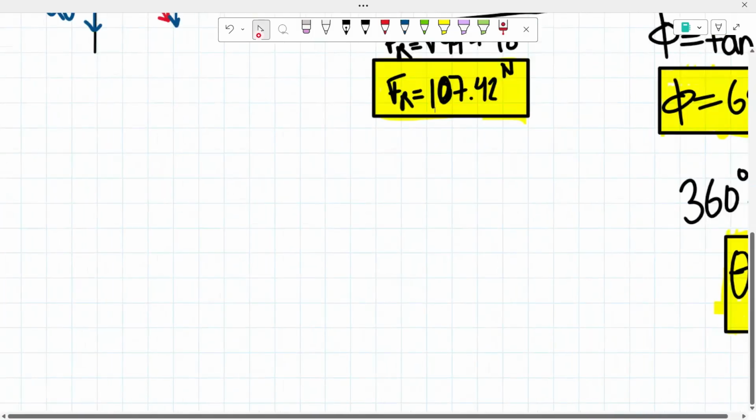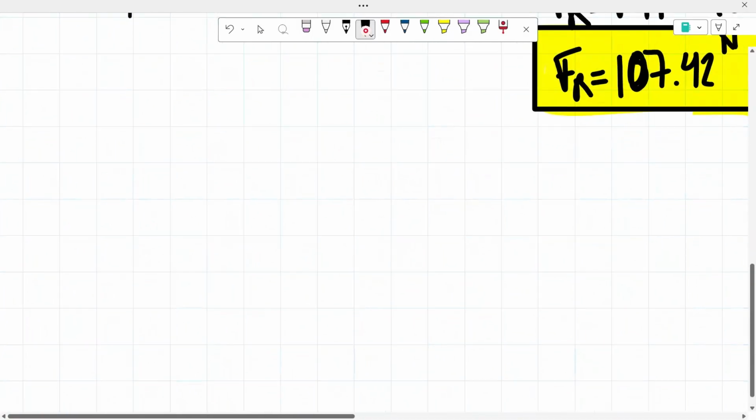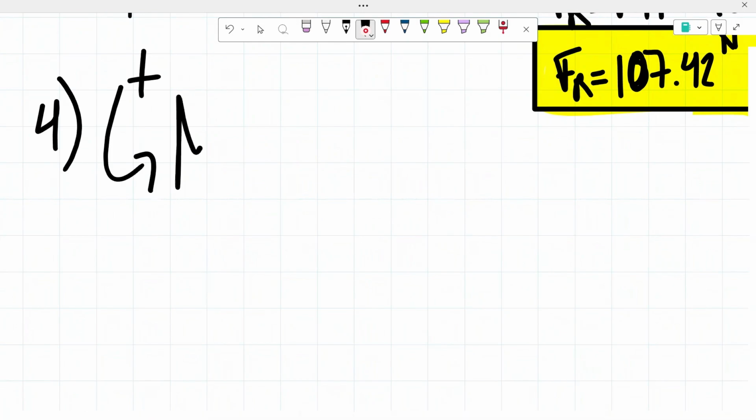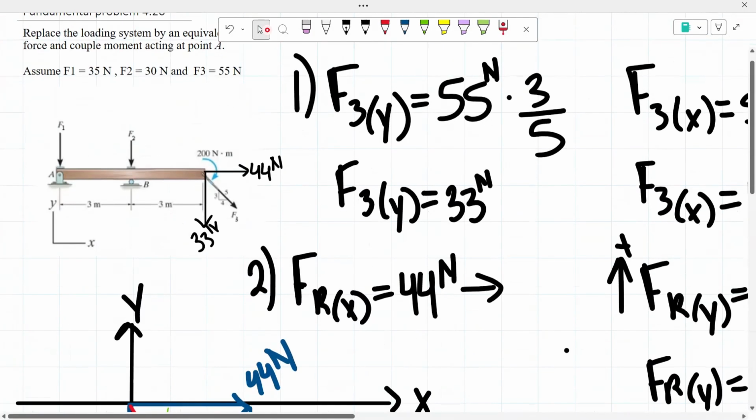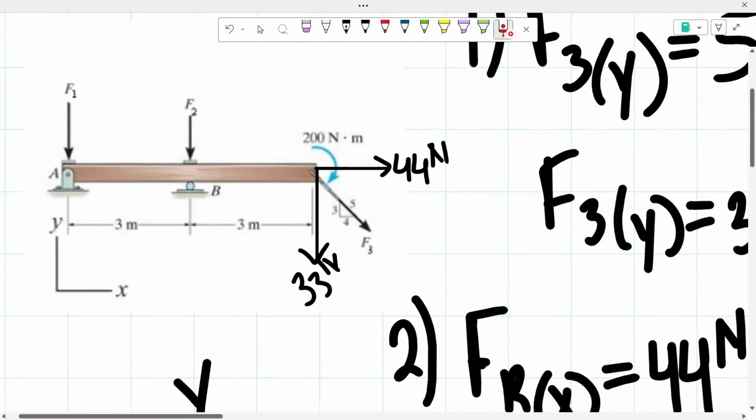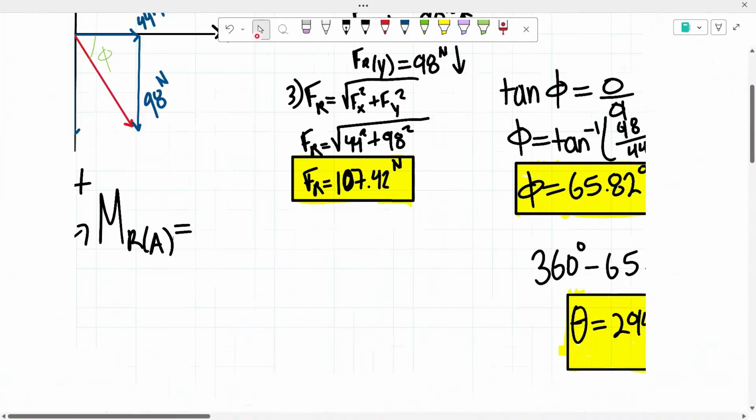So step 4, if I'm not wrong. Step 4. Remember sign convention, counterclockwise positive. So our resultant moment about point A is equal to, we're going to start off with our moment that is already given to us, which is right here, of 200 Newton meters. And as you can see, that is going clockwise, so that's going to be a negative moment.